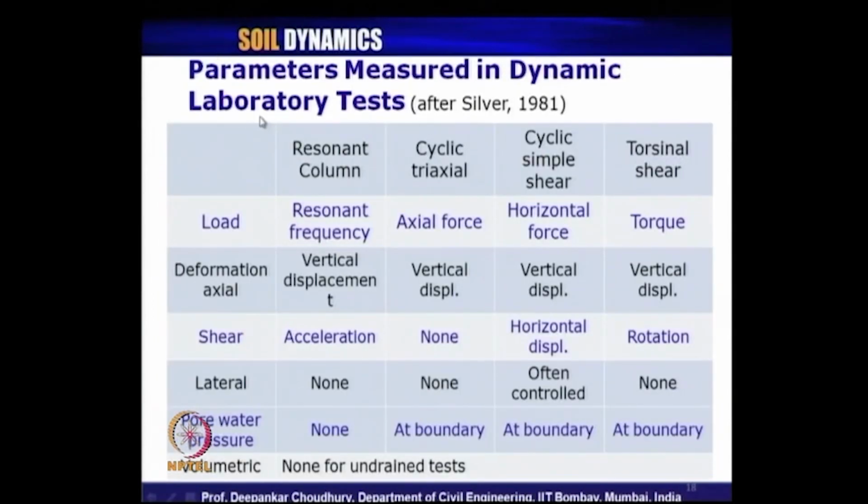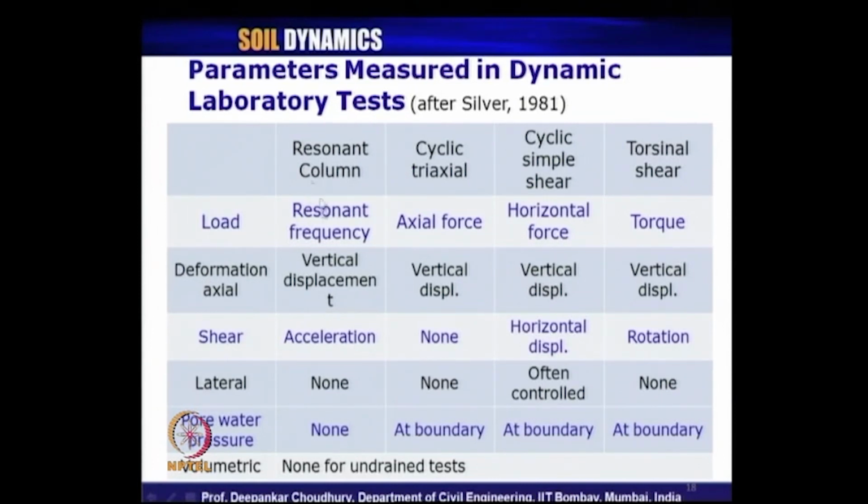Now, the various parameters which are measured during the cyclic or dynamic laboratory tests in different test procedures are listed in this table. It is also given by Silver 1981, the summary of the different laboratory tests like resonant column test, cyclic triaxial test, cyclic simple shear test, cyclic torsional shear test, and whether these parameters are measured or not is mentioned this way.